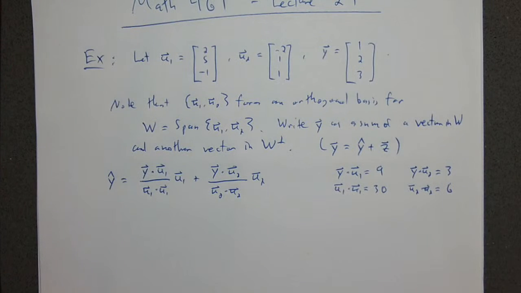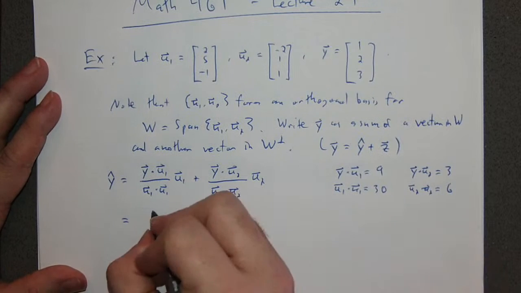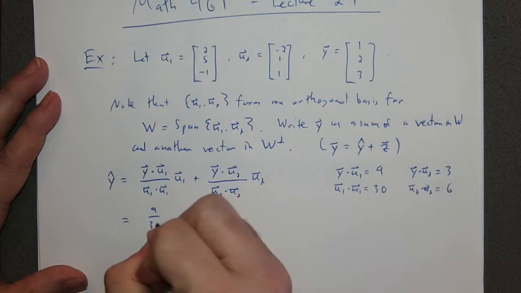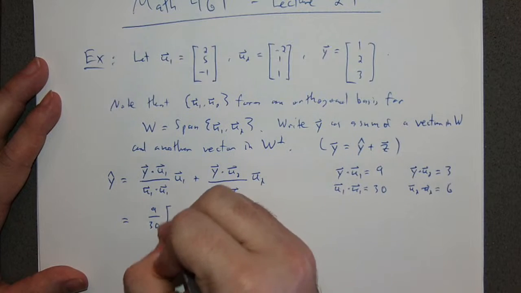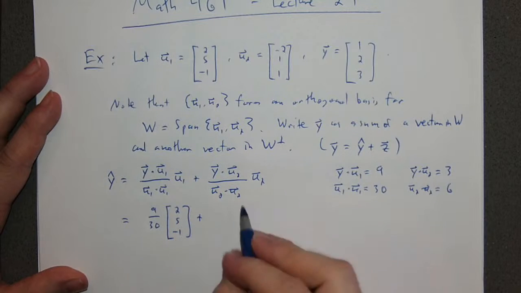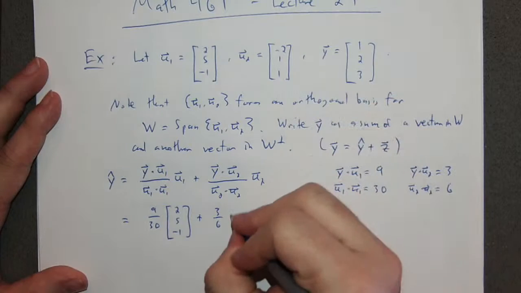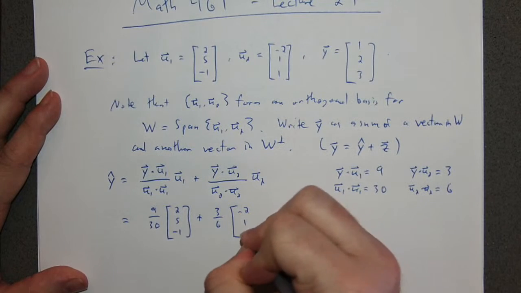Just writing this out, I'm not even going to simplify yet. So this is 9 over 30 times u1, where u1 is the vector 2, 5, minus 1, plus 3 over 6 times u2, where u2 is the vector minus 2, 1, 1.